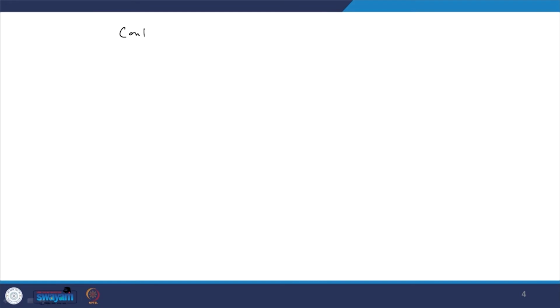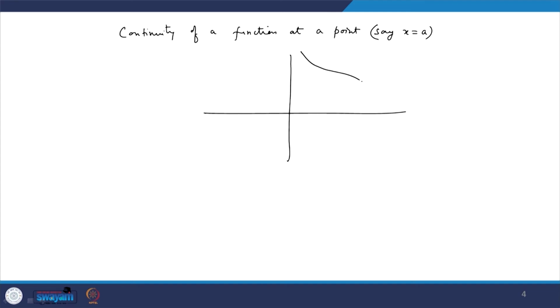So, let us try to understand this concept also graphically. Continuity of a function at a point, say x equal to a. Say you have this type of function, any function.